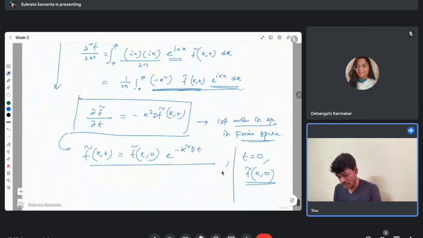Once you solve this, we go into the x space again.